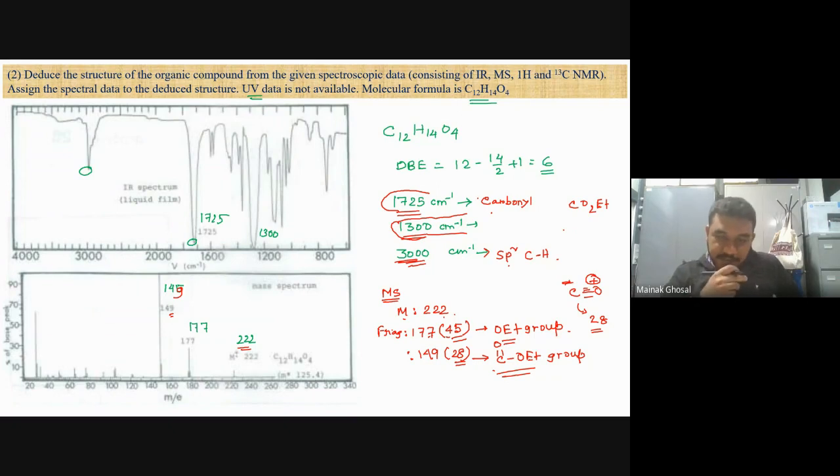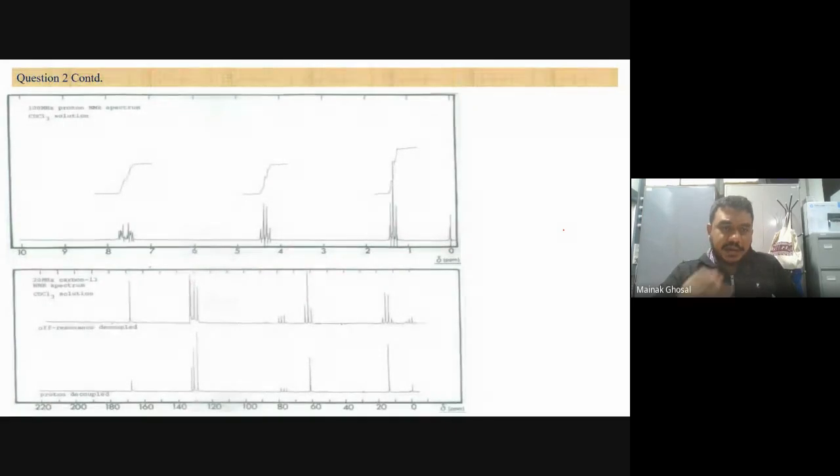Any more information from here? No, we don't get much more information from here. Now I am going to the NMR. Here you see delta 4.1, this is a quartet with a 1:3:3:1 pattern.